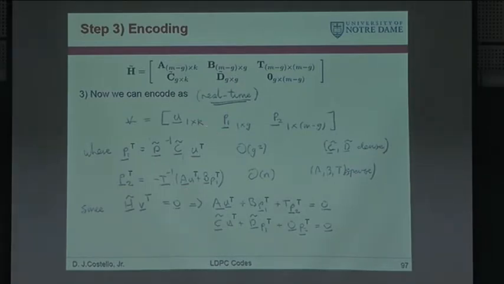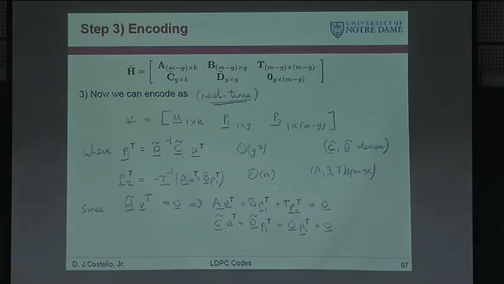So just to not bother with that detail, let's think of this N minus M as being equal to K. We've got a systematic part, a first parity part, and a second parity part. If we multiply the transpose of this by H, we're going to get A times U transpose plus B times P1 transpose. By the way, this is hopefully a small, short vector, because it's just got g bits, and g was what we're trying to make small.